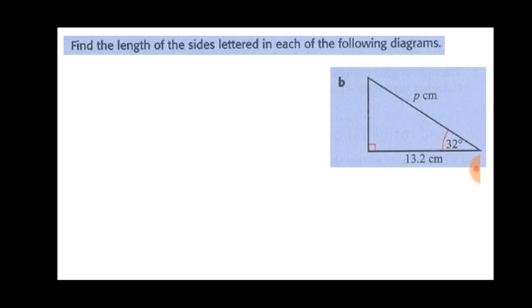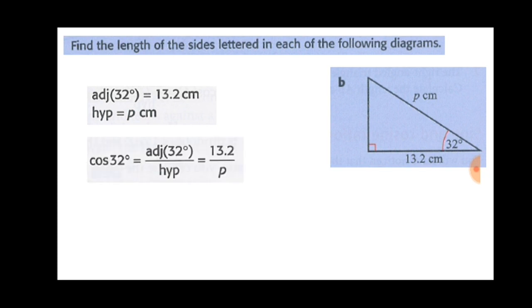In this question, we need to find the length of P. So adjacent side of 32 degrees is 13.2 centimeters. Hypotenuse is P. So we can use the cosine ratio. Cosine of 32 degrees is equal to adjacent of 32 degrees over the hypotenuse.